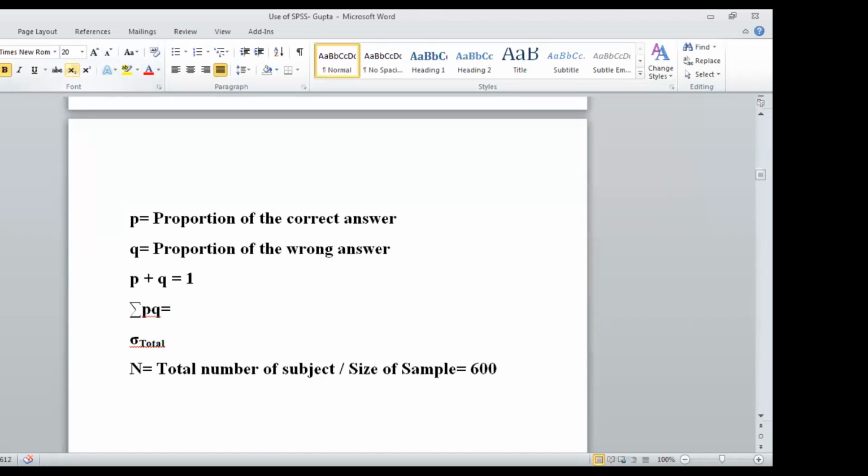So therefore, this is what information you have. Now you can find out the correlation, that is R11, or you can find out the KR20 value.